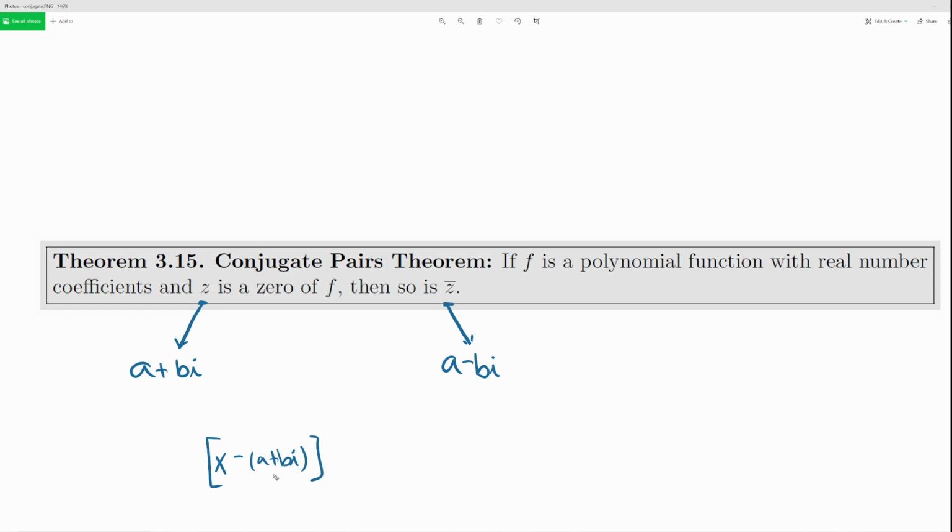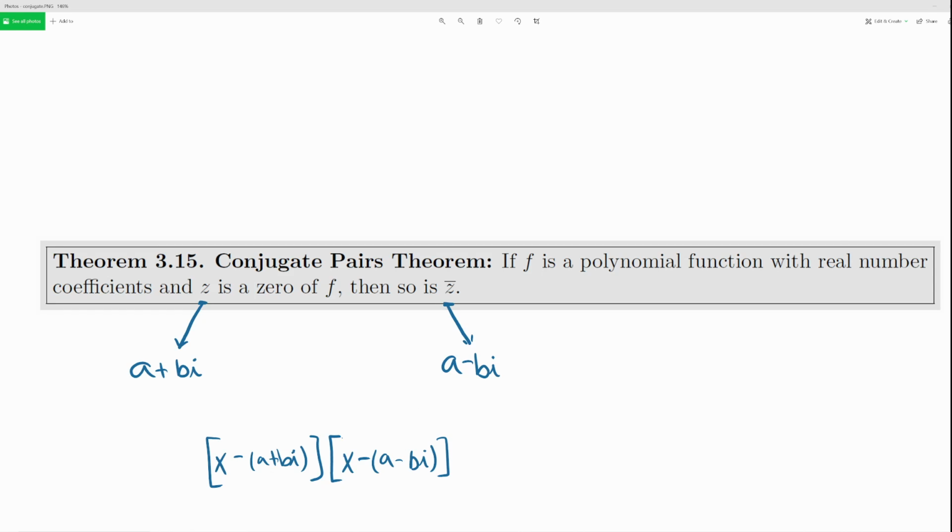Well, if this factor is in the middle of your polynomial, you're going to have some complex number coefficients. You're going to have an i. So to get rid of that, to balance that out, as we learned earlier in the year, you're going to have to multiply by the conjugate. So if you were to use the distributive property, this a plus bi times a minus bi, all of the i's will cancel out, and you won't have any complex number coefficients.